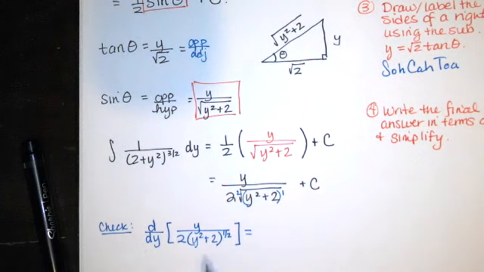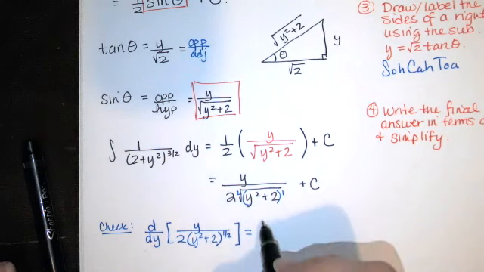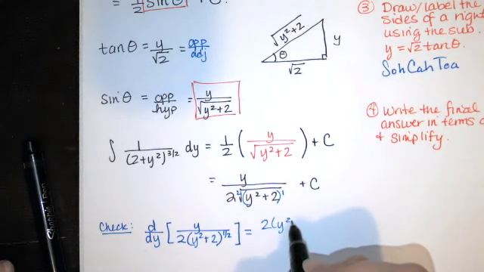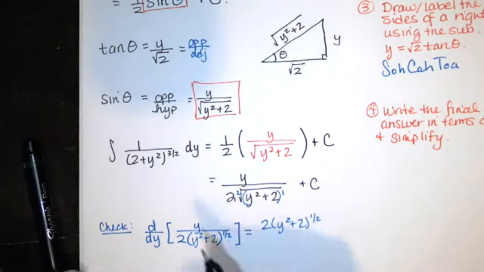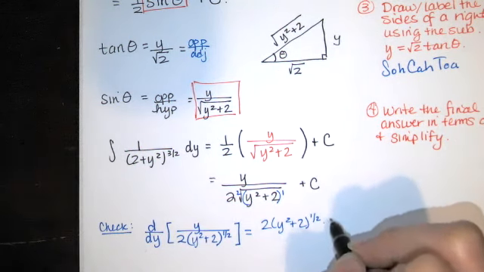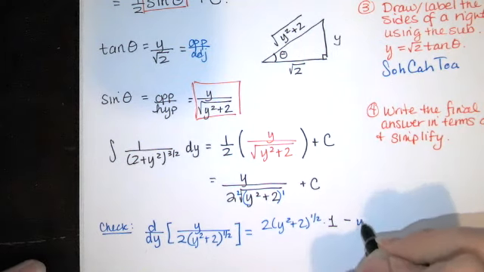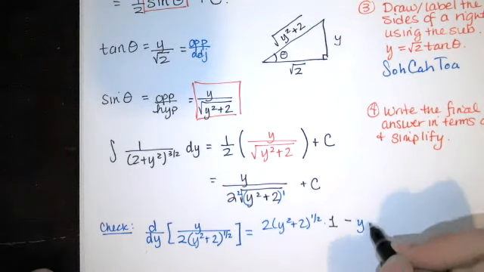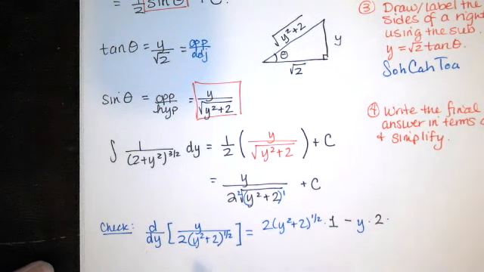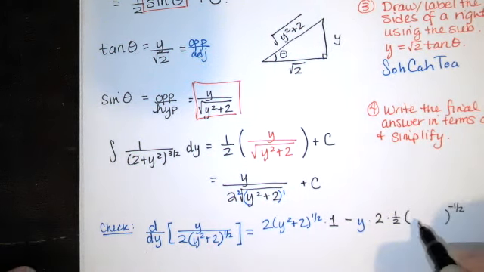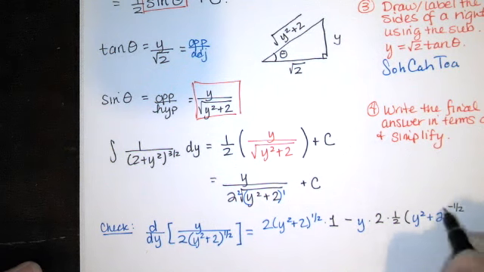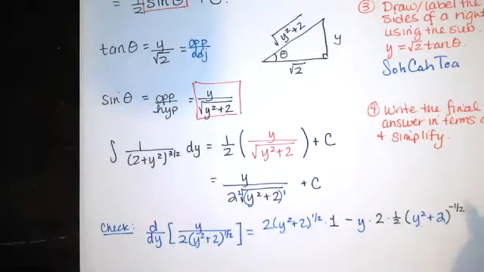According to the quotient rule, we get low d high. Bottom function times the derivative of the top function with respect to y, minus high, that's y, d low, derivative of the bottom function. So we'll have 2 times, you have a function raised to the 1/2 power, that's 1/2 times that function raised to the 1 less power, times the derivative of the inside by the chain rule.